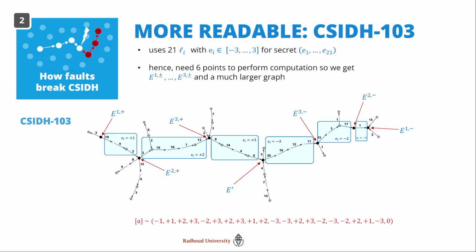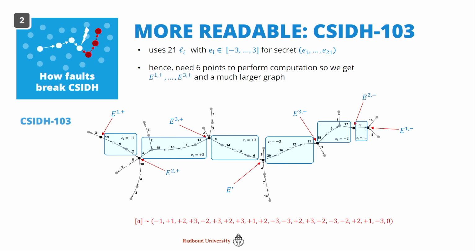So for example, in this smaller, more readable CSIDH-103, if you were using 21 Lis, and the eis are coming from -3 to 3, well, we're going to need to inject 6 points, and you will get to see these 6 sort of graphs, E1 plus up to E1 minus in the end. And these degrees that you see appearing there, for example, between E1 plus and E2 plus, will be degree 19, 9, and 2.